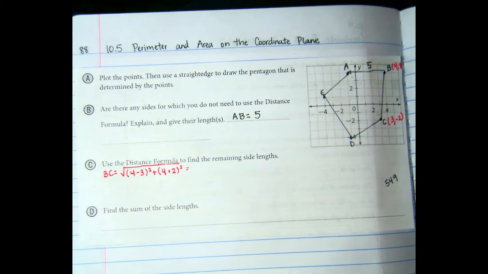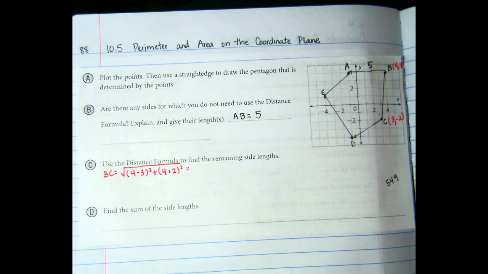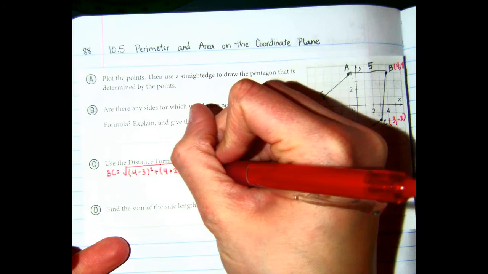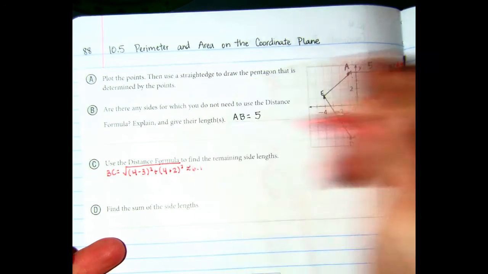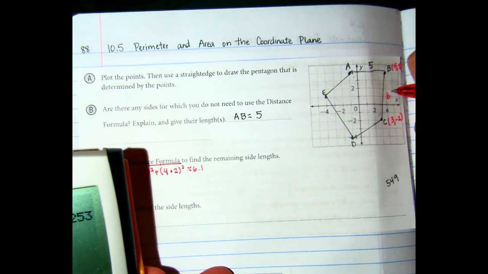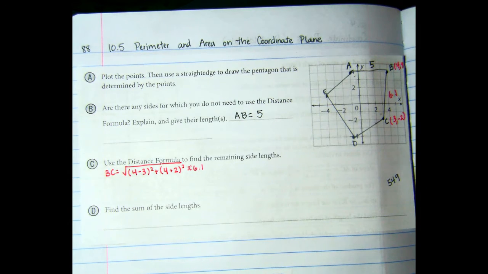I've got to get a calculator if we're going to round to the nearest tenth. Typing this in the calculator, I get approximately 6.1 for BC. So I'm going to write that right here, about 6.1 for BC.